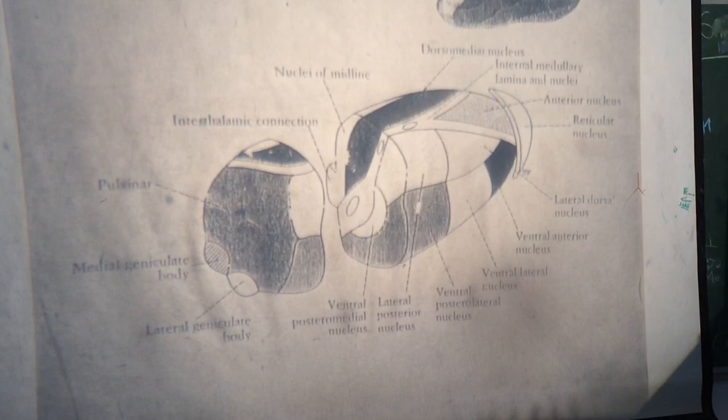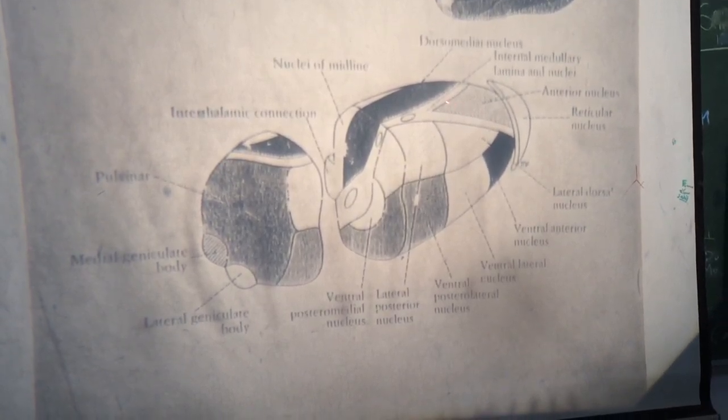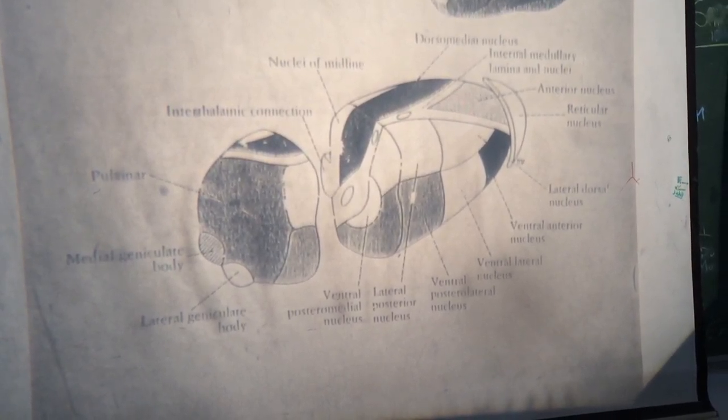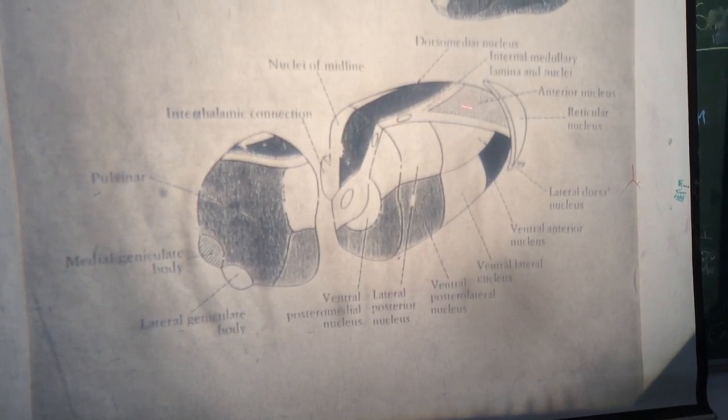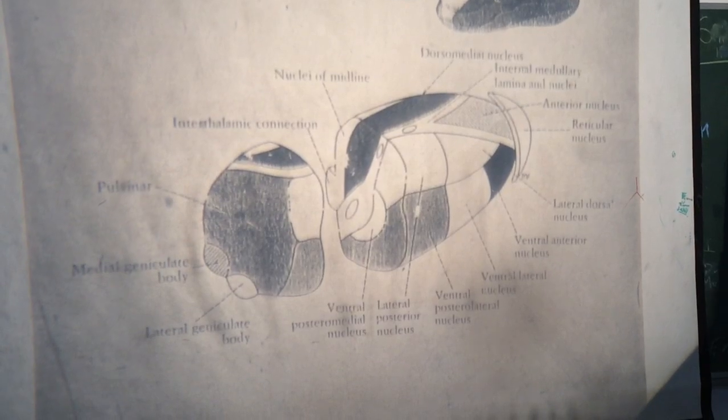Now, the anterior part of the thalamus contains the anterior nucleus.